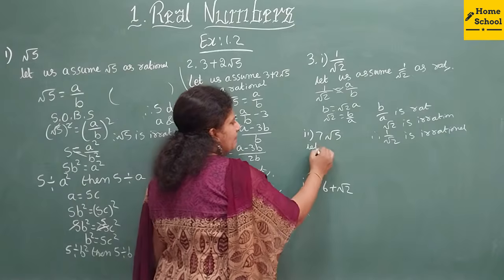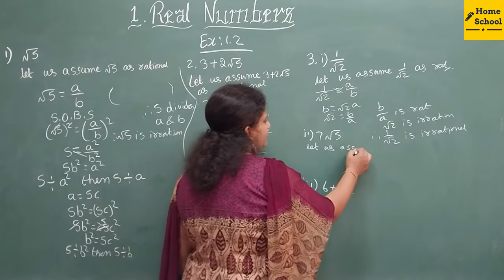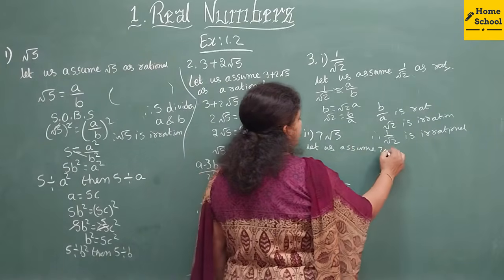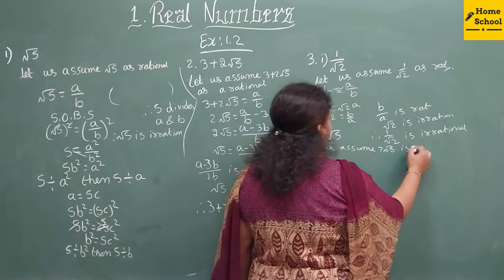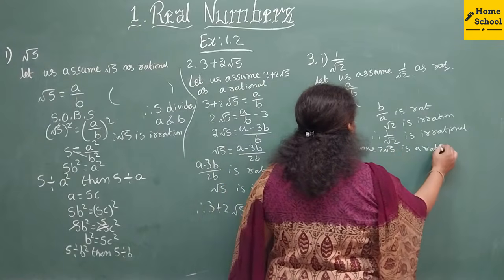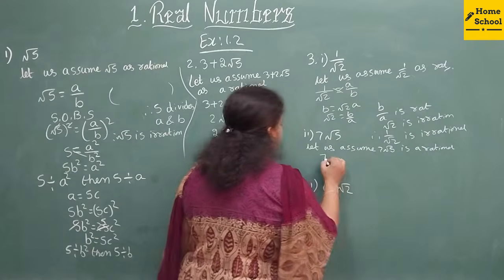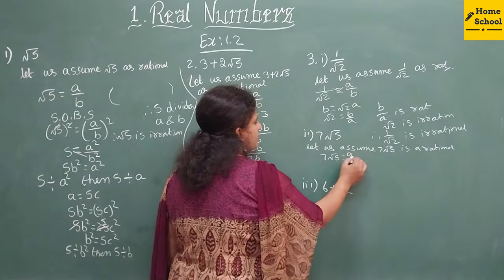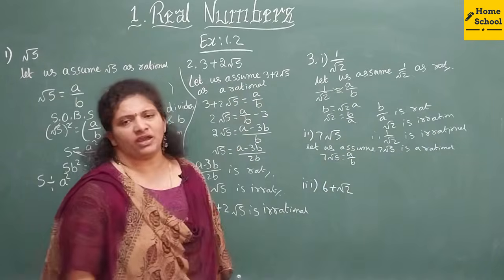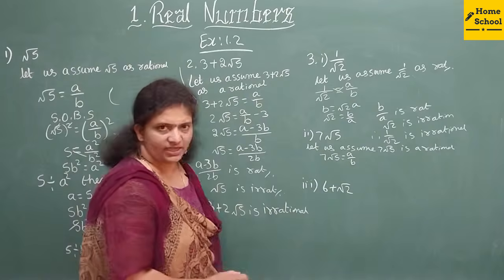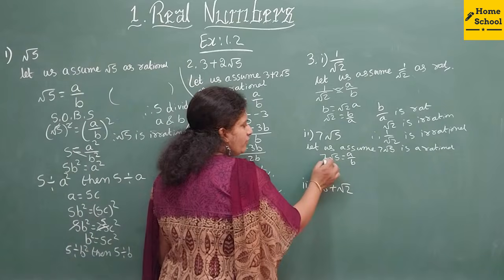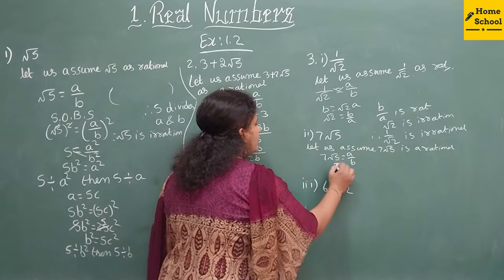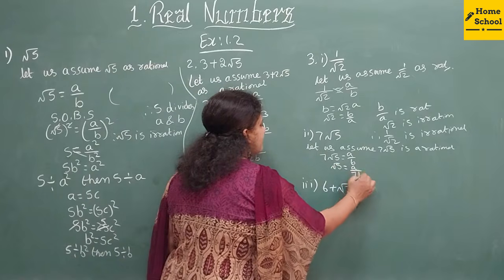Now, see the next one. Same manner. Let us assume 7 root 5 is rational. Okay. If it is rational, what should I do? 7 root 5 is equal to a by b, where a and b are co-primes. B is not equal to 0. Now, other than root 5, what do you have extra? 7. Root 5 is equal to a by 7b.